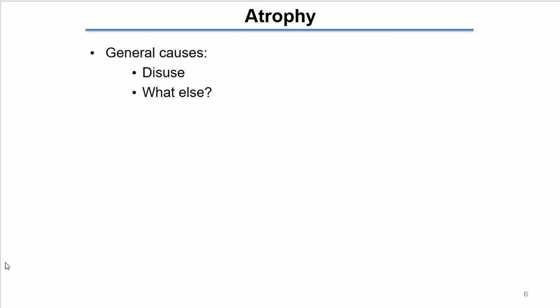But it could also be blood supply. Ischemia is a huge cause of atrophy. When there's ischemia, not enough oxygen and not enough nutrients get there, so the growth not only stops, but it probably reverses, and you end up with some atrophy.